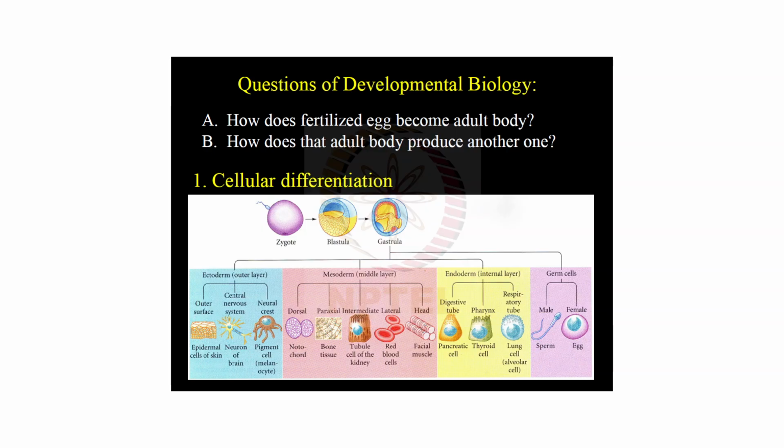And obviously the answer for how a fertilized egg becomes an adult body also comes from this only: cellular differentiation. A single cell divides and gives rise to different kinds of cells, and those different kinds of cells will again be differentiated on the basis of the different signals that they get, which you guys will study further in the course.